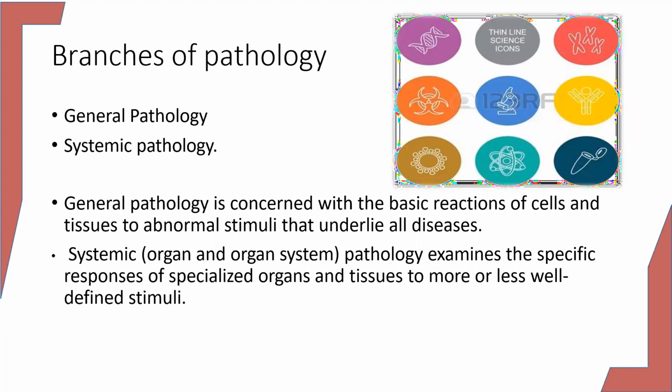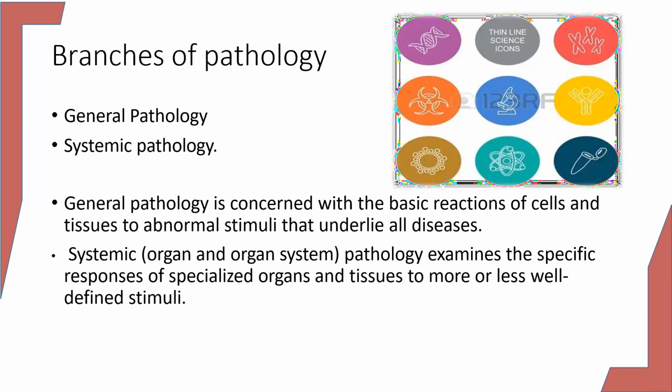The branches of pathology we divide into two parts. One is general pathology, and the second one is systematic pathology. General pathology is connected with the basic reactions of the cell and tissue to abnormal stimuli that underlie all the diseases.